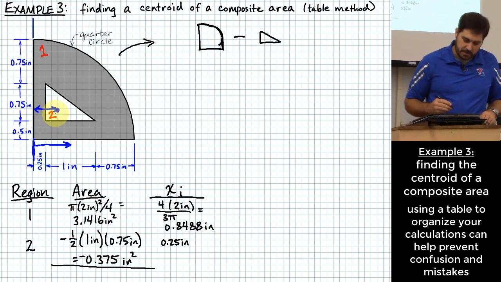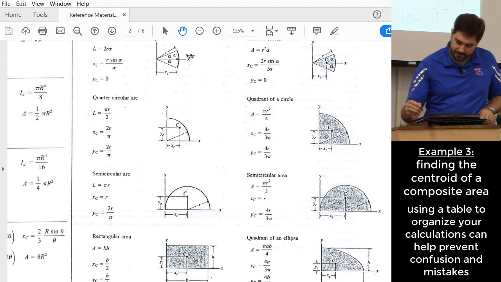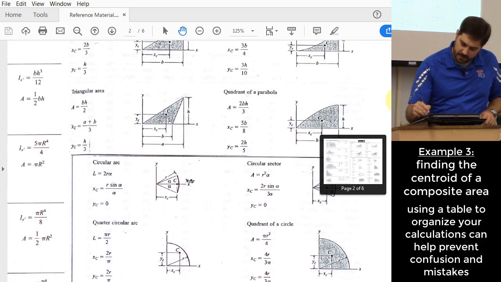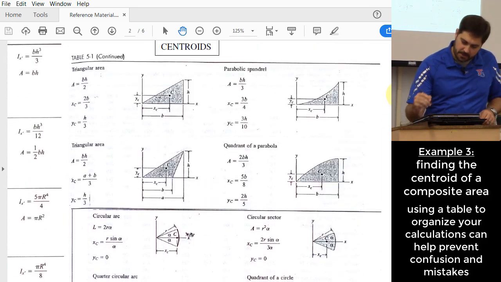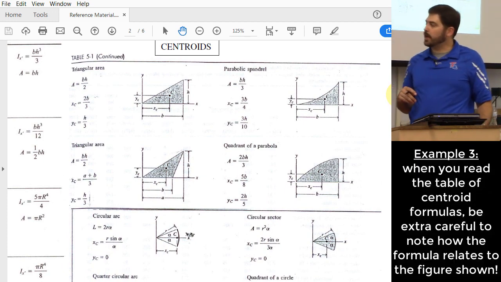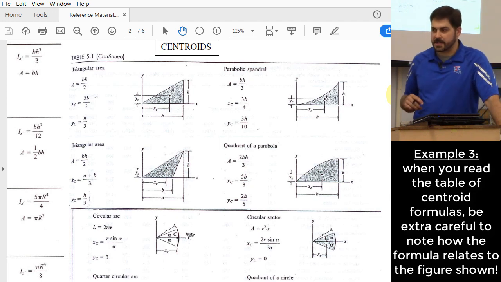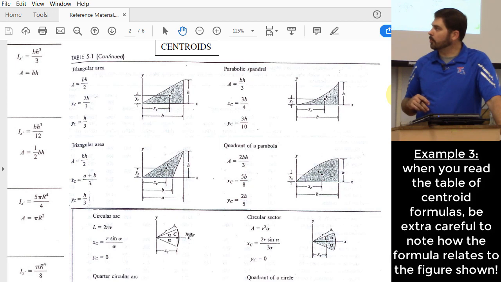plus whatever that extra little bit's going to be to get to the center of the triangle. Okay? And I don't expect you to know that yet, but we can look at this sheet that we have right here. And one of the things that we have is a triangular area. And we have to be very careful with this triangular area, because this is another mistake I see get made a lot on homework or whatever.